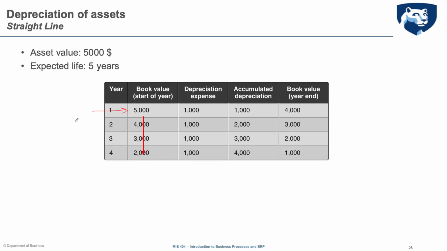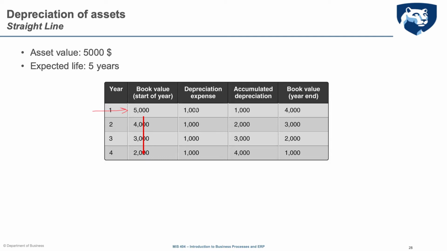However, this cost is not immediately absorbed by the income statement, but as you are planning to use this asset for 5 years, you account in your income statement a portion of cost which is proportional to this expected life cycle. In particular, 5,000 divided by 5 years is $1,000 per year.